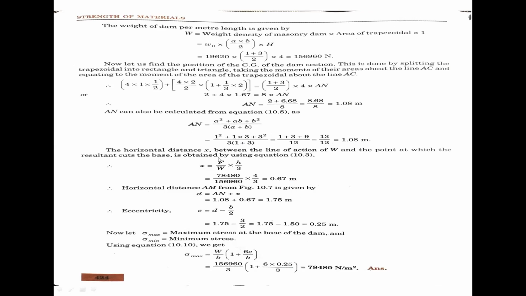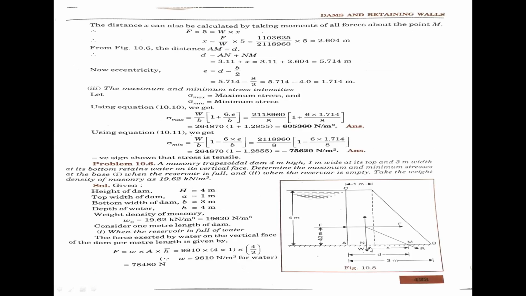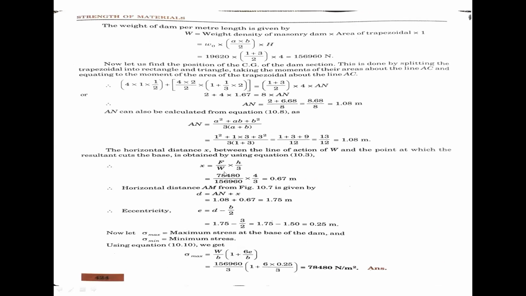The horizontal distance small x between the line of action of W and the point at which the resultant cuts the base is obtained by using equation 10.3. Now the resultant force. To calculate the distance small x, use the formula F by W into H by 3.